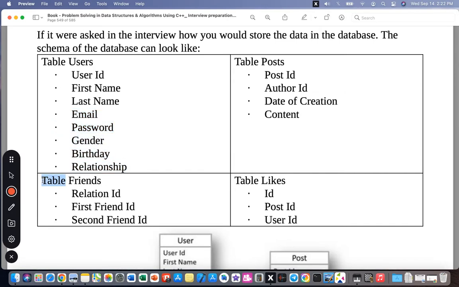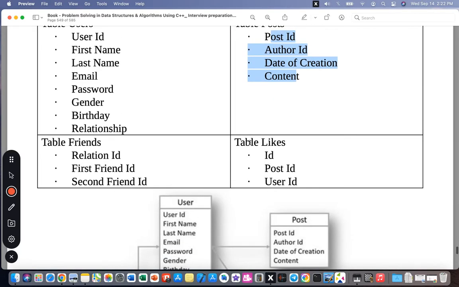We have another table for friends, the relationship: the first friend ID and second friend ID. A table for posts: the post ID, the author, date of creation, content. And the table of likes: the ID, the post ID, the user ID.